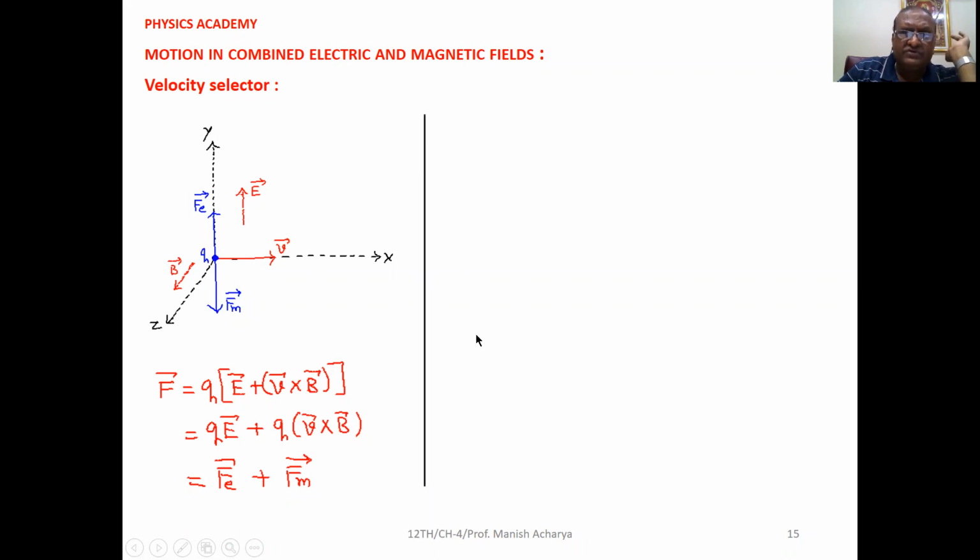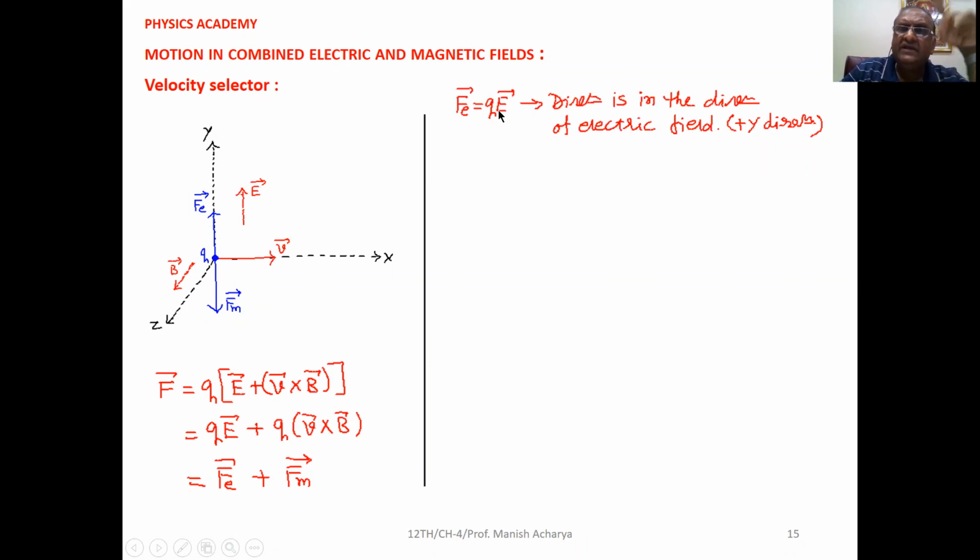Now the electric force, which is qE. So q is the scalar quantity, E is the vector quantity, so the direction of the force will be in the direction of the electric field. In our case, the electric field is in y direction. It implies that the force due to the electric field on this charged particle will be in positive y direction.